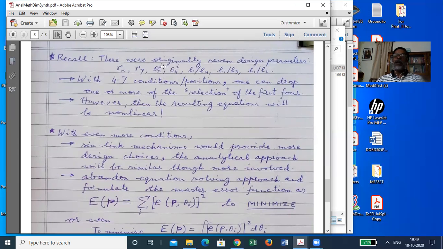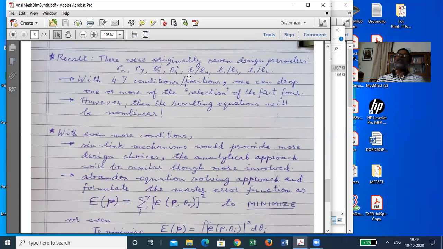So in terms of these 7 design parameters, the equations are no more linear. Equations will be non-linear, and you will have to do some dirty Newton-Raphson kind of iterative solutions, which can be done. There is no problem.